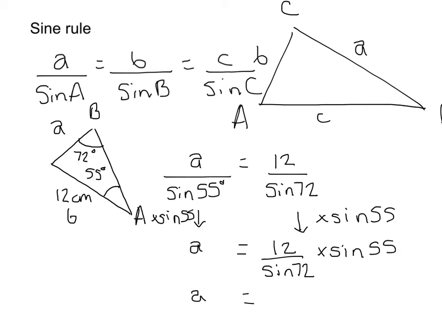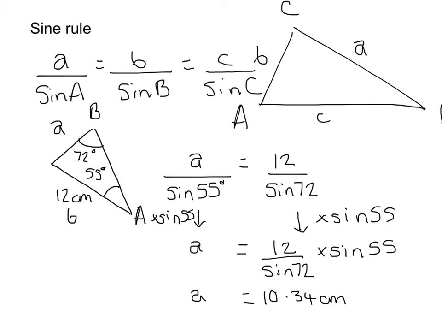So if I just type it in, 12 over sine 72, at this point make sure you press equals so that you don't multiply sine 72 by sine 55. So the answer to 12 over sine 72 is 12.61754, etc. Now I'm going to multiply that answer by sine 55, which gives me my answer of 10.34 centimetres, and that's to 2 decimal places.